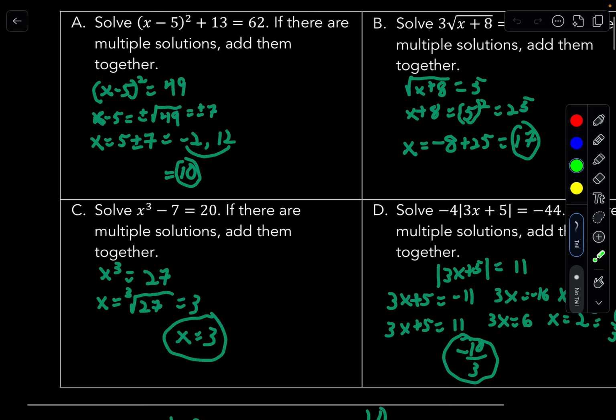So we take the cube root of 27, but here's the odd rub. Since we're taking an odd root, since this was an odd power, you only get one possible solution. You don't get the plus or minus. Because if you put a negative inside of this and cube it, the result would be negative.